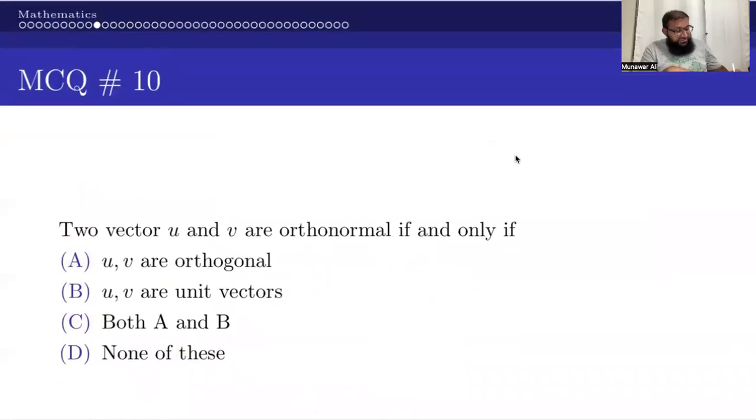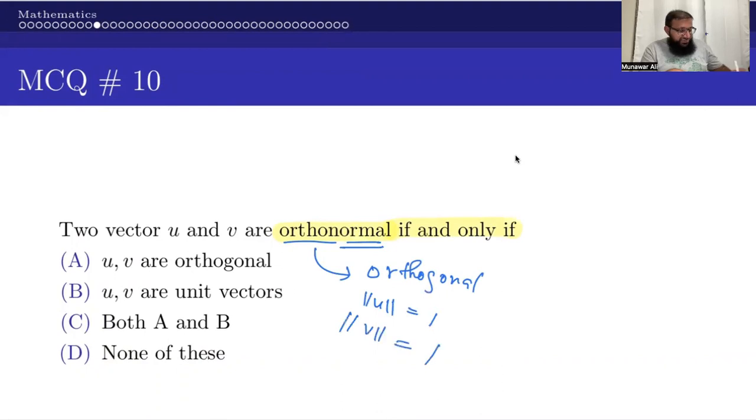MCQ number 10 is, two vectors U and V are orthonormal if and only if. So orthonormal has two things, ortho and normal. So they should be orthogonal, and normal means the norm of U should be 1 and the norm of V should also be 1.